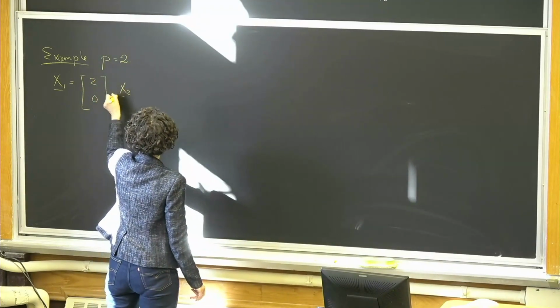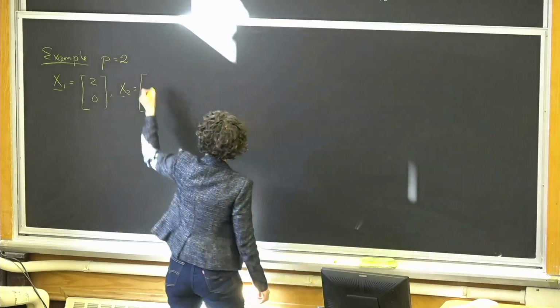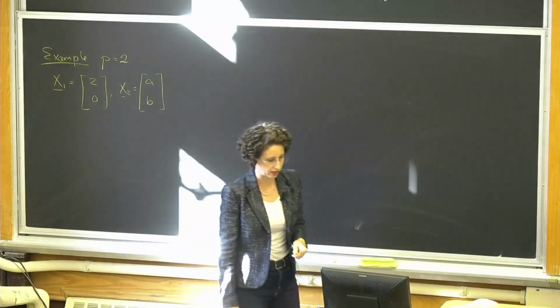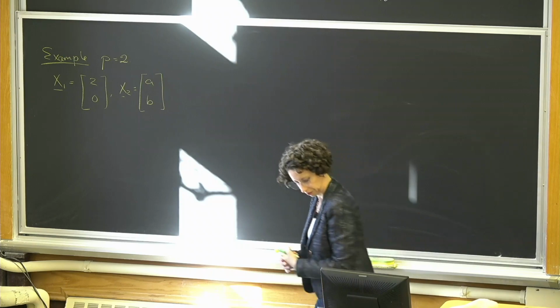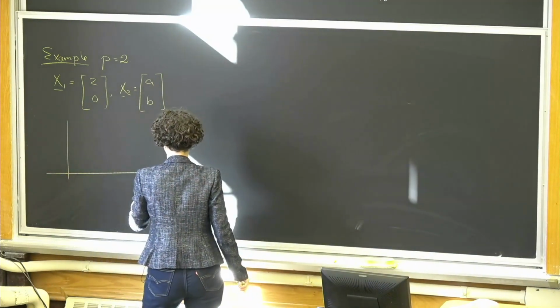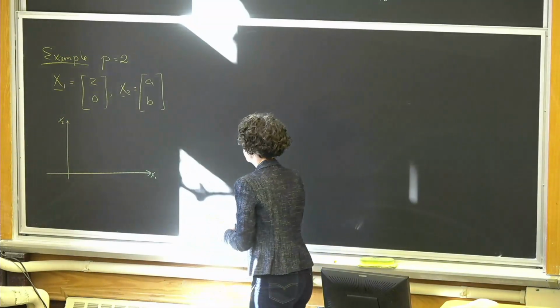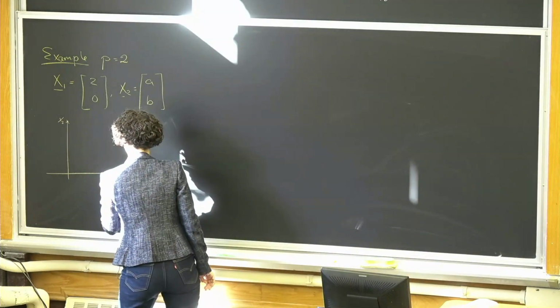And x2, my second vector here, is just generically a vector with entries a and b. And I'm not going to specify exactly what a and b are. And if we draw this now, this is my first coordinate, and this is my second coordinate. And so my x1 vector is going to be right here.